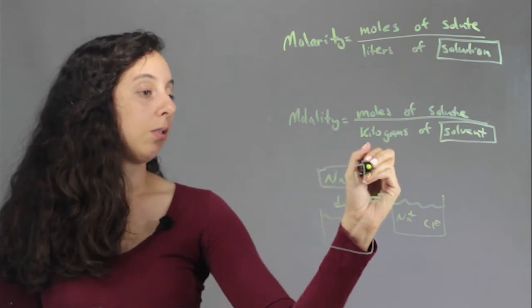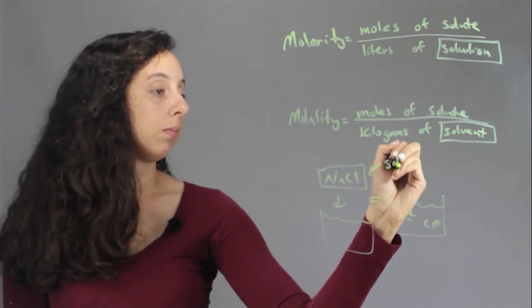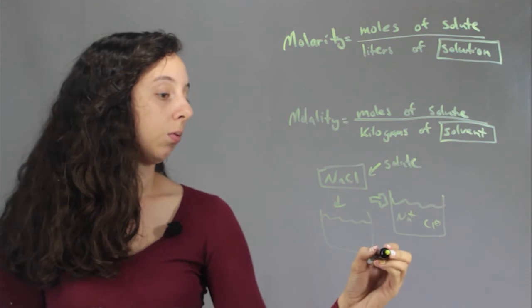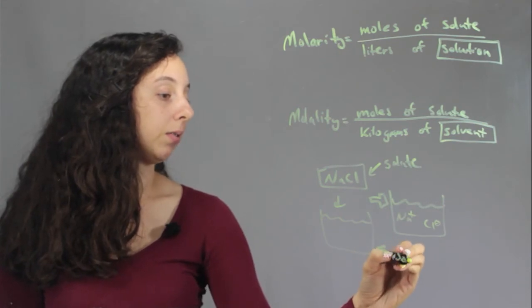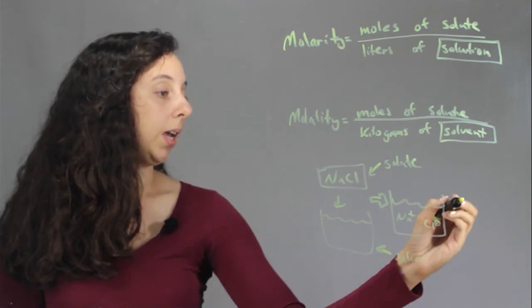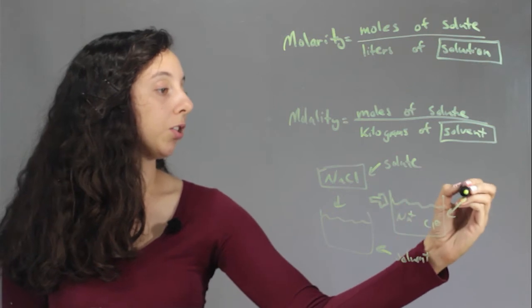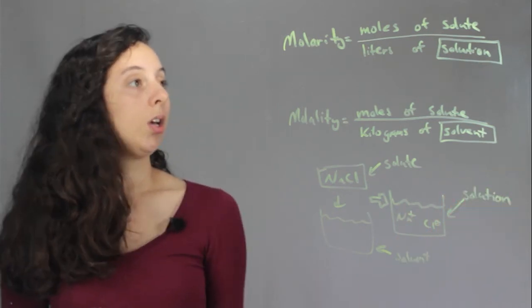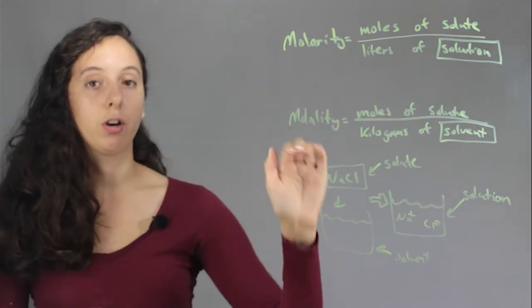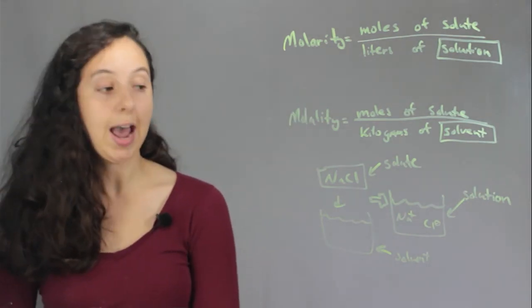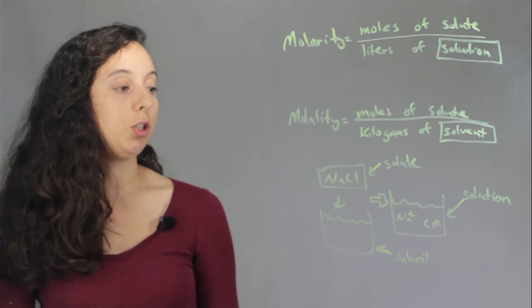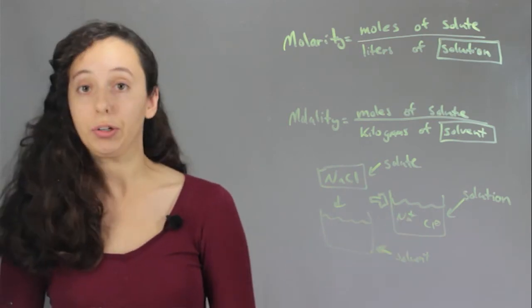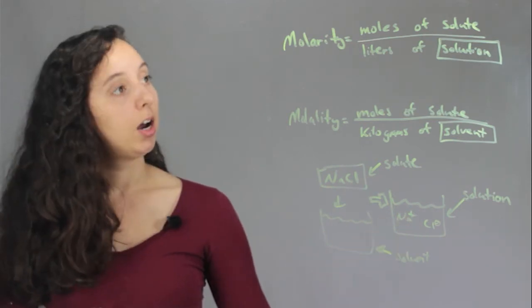Your salt was your solute, your water was your solvent, and this guy with both of them is your solution. So both of these terms are ways of measuring how much solute you put in your water or your solvent to make your solution.